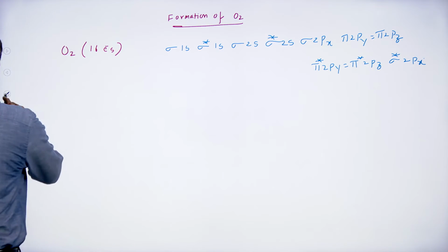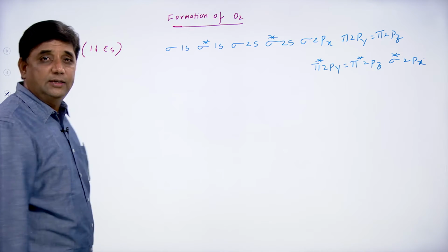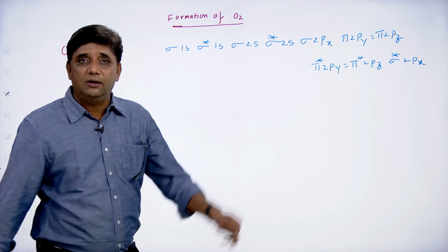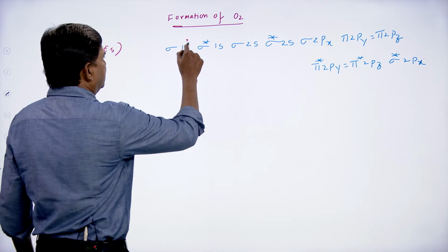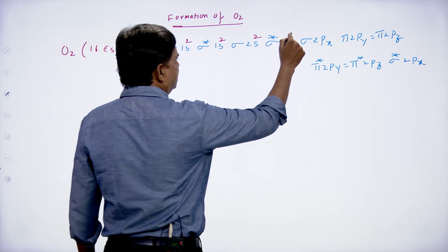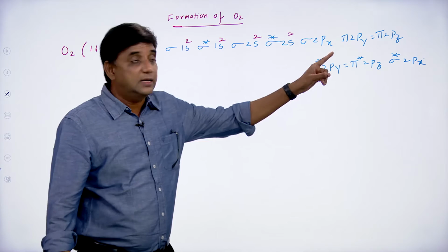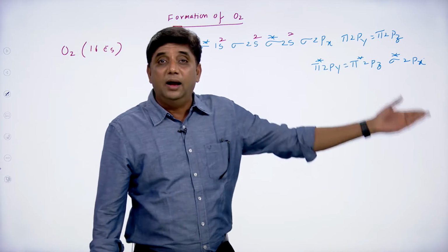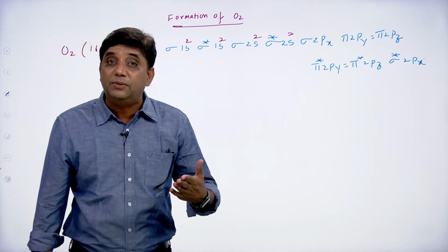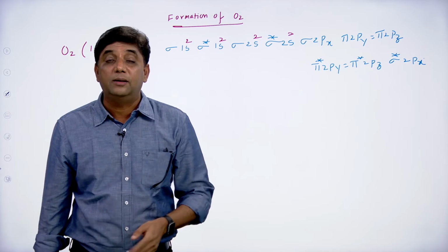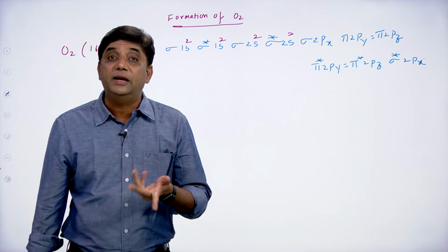Now if you calculate these 16 electrons, start filling up the electrons. 2 electrons here, 2 here, 2 here, 2 here. See here, sigma 2px is less than that of pi 2py equal to pi 2pz, which was not the case up to nitrogen, because there s and p overlapping is possible.